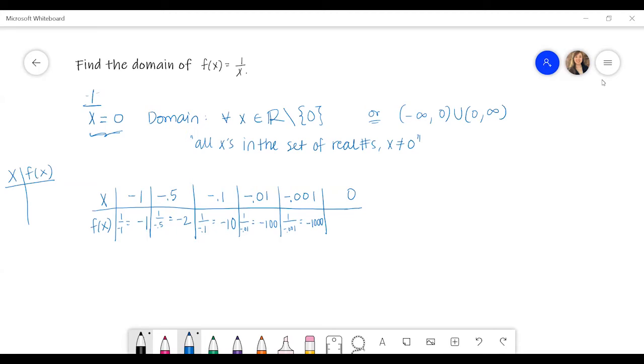So the question then becomes, I can't actually plug in 0, because I get an undefined answer. We saw that up here.